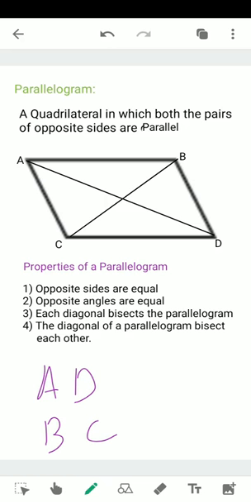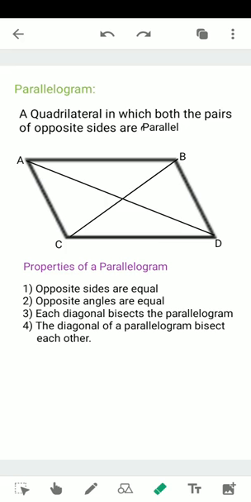Since BC is also a diagonal, it will do the same thing, dividing the entire parallelogram into two equal parts. Remember, two equal parts: that is the meaning of bisecting. In your higher classes, you will also come to know about trisecting, but for the time being, let us focus on bisecting.